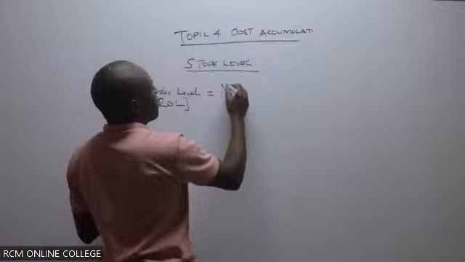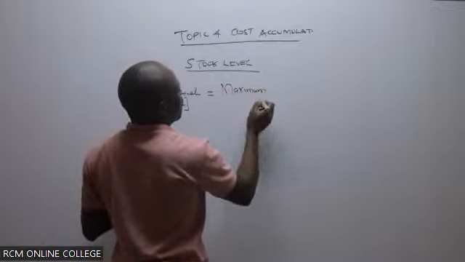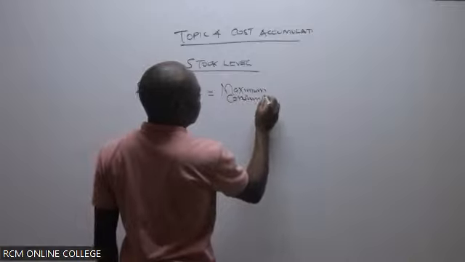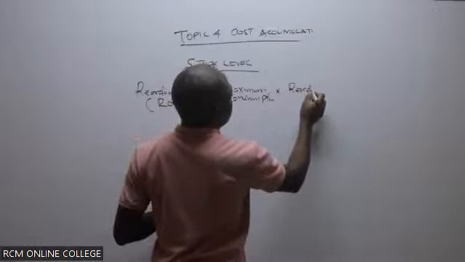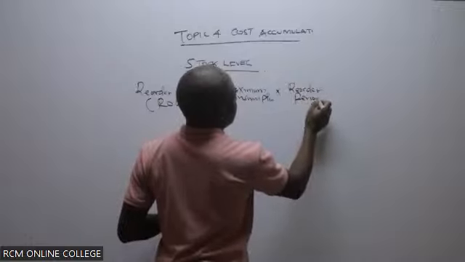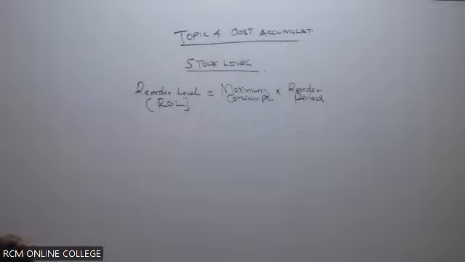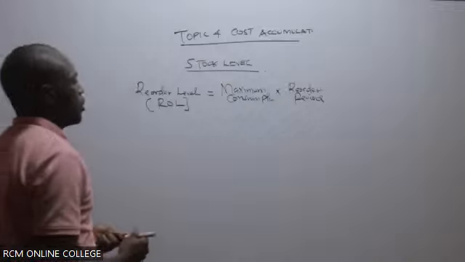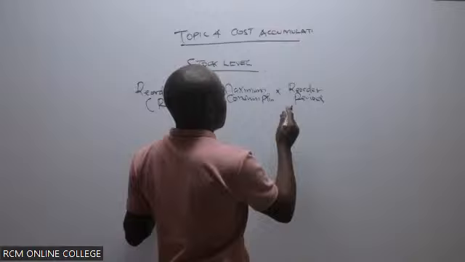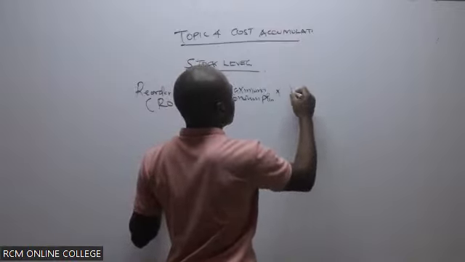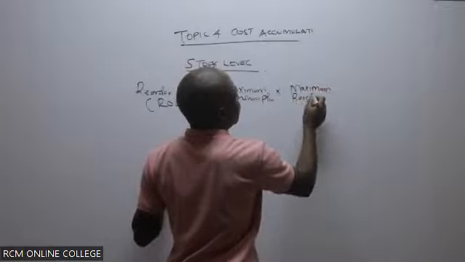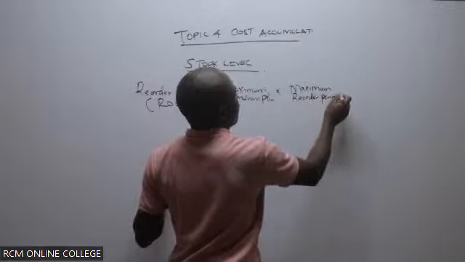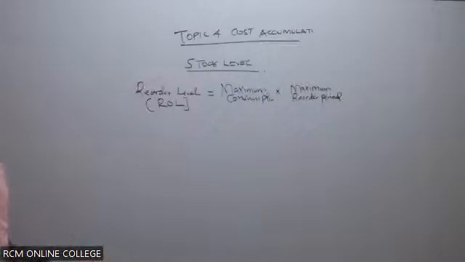So it is maximum consumption times reorder period, but not just reorder period: maximum consumption times maximum reorder period.